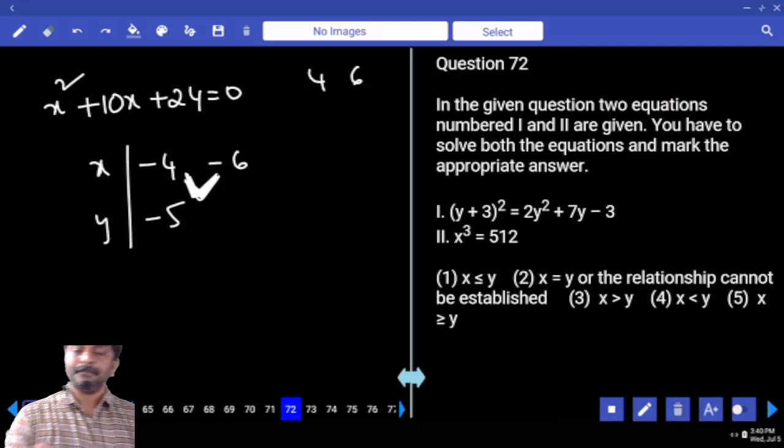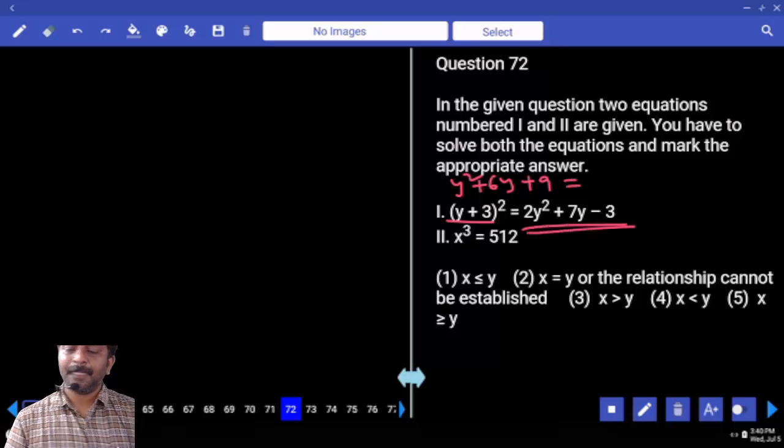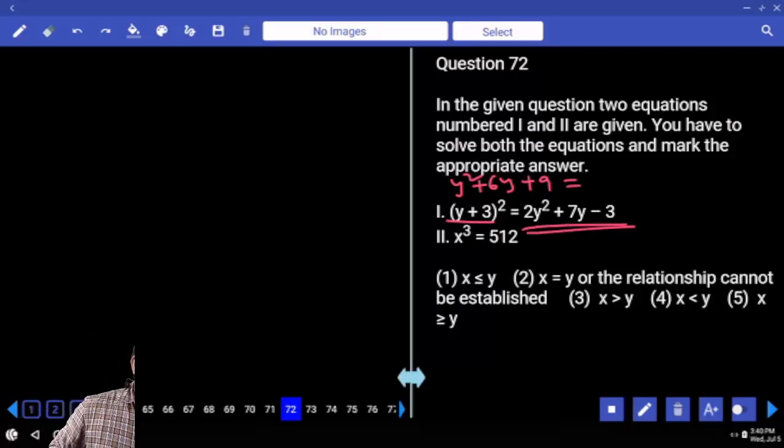Left hand side, expand it, y square plus 6y plus is equal to this much, correct? Plus y square goes to right hand side, y square, plus 6y goes to the other side, plus 9 goes to the other side, is equal to 0.